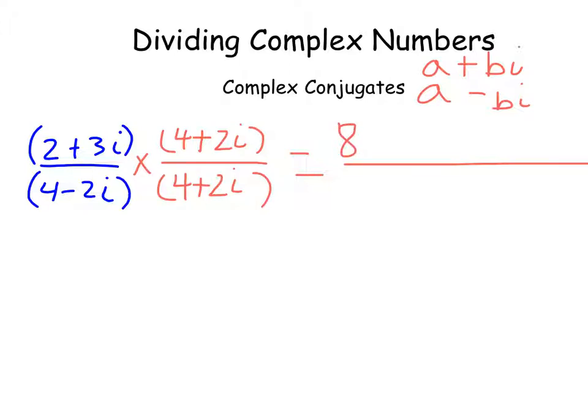There we'd get 8 plus 4i plus 12i plus 6i squared.